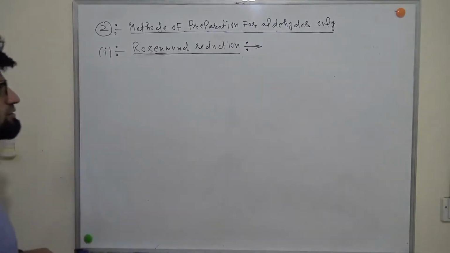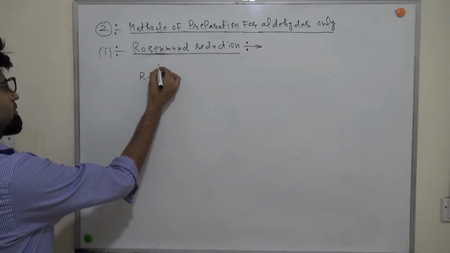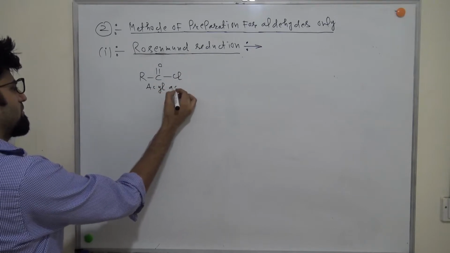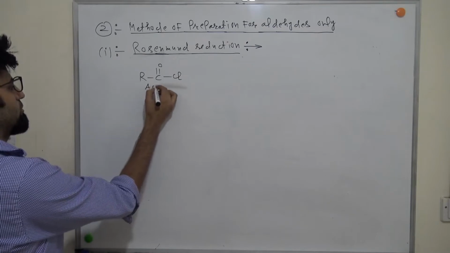So I will explain this to you. Suppose this is the functional group we call acyl chloride, or acid chloride would be the better name.